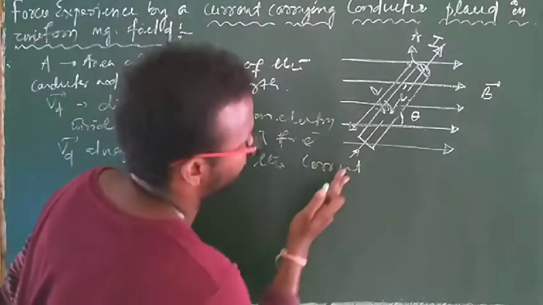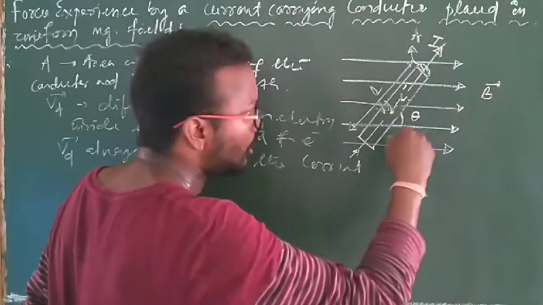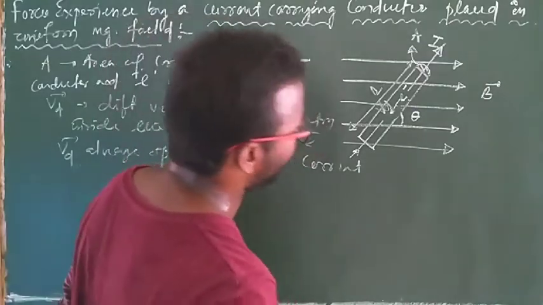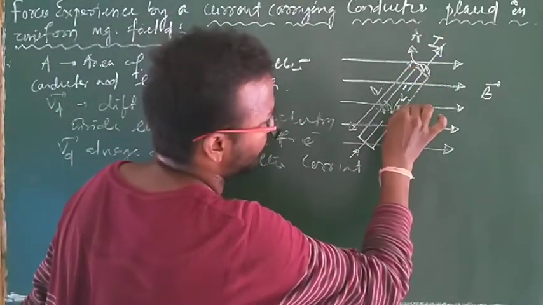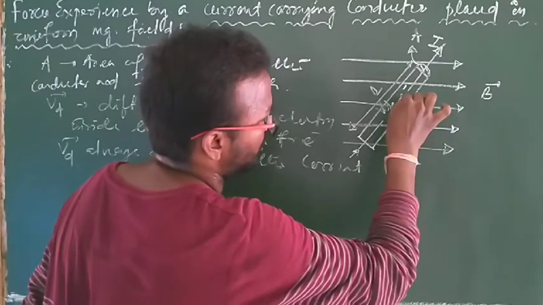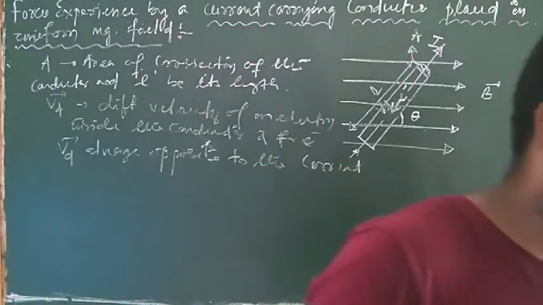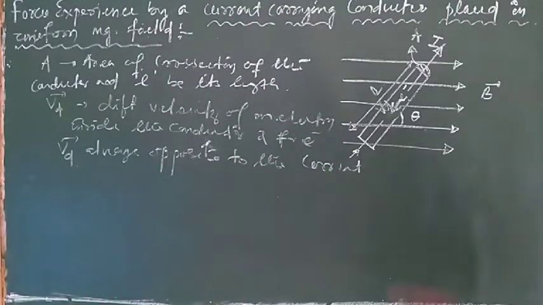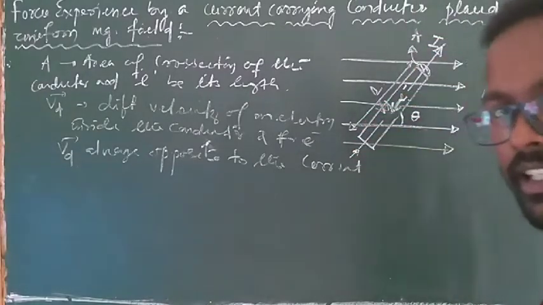That means if this is the direction of flow of current, then the electron which is moving inside the conductor has its direction opposite to the flow of current. Clear? So this is the direction of electron. Sorry, this is the direction of current, and this is the direction of electron.